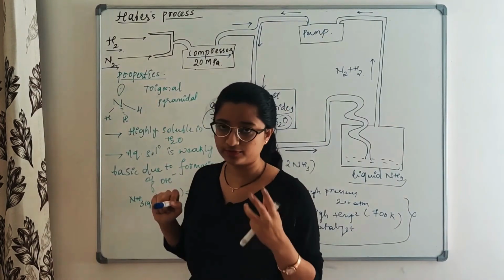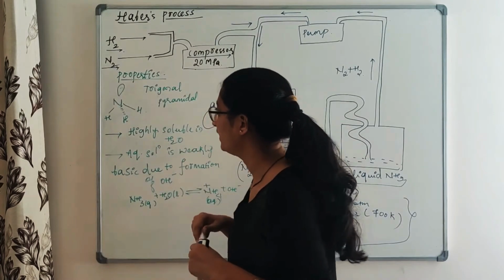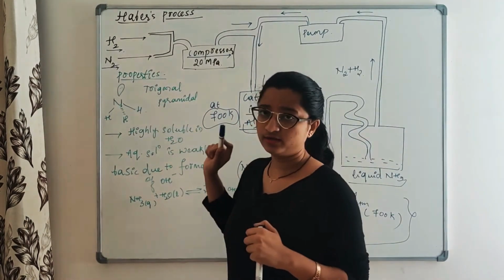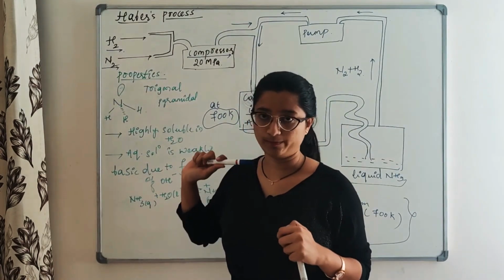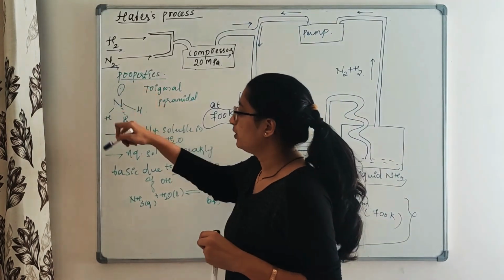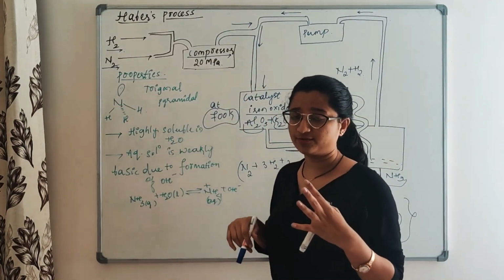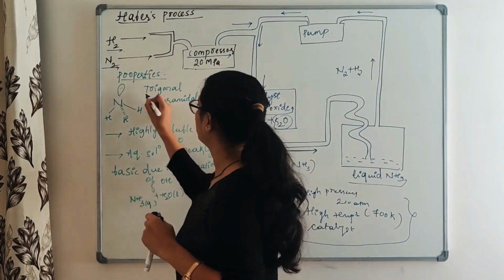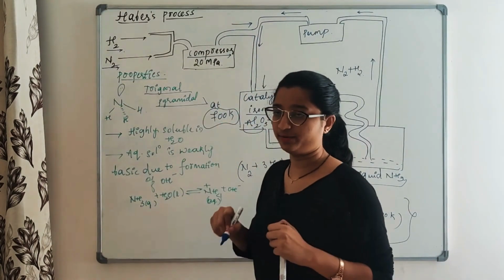Because of the lone pair of electrons, it will accept H plus ion. So it has 3 bond pairs and 1 lone pair. Okay, you have learnt the geometry of this in chemical bonding. The geometry of this is trigonal pyramidal, very important.